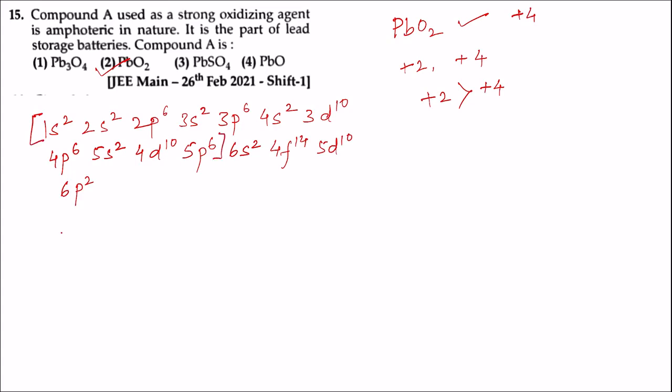So electronic configuration of lead can also be written as xenon, then 6s2, 4f14, 5d10 and 6p2.